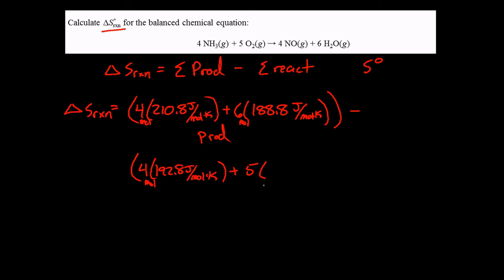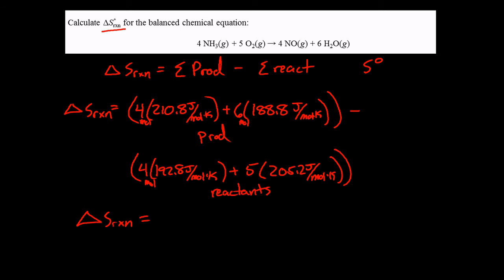Anyway, all that being said, 5 times the number for O2 in the gas phase, that is 205.2 joules per mole K. So those are all of our reactants. And so, delta S for the reaction is, oh boy, lots of calculator work here.